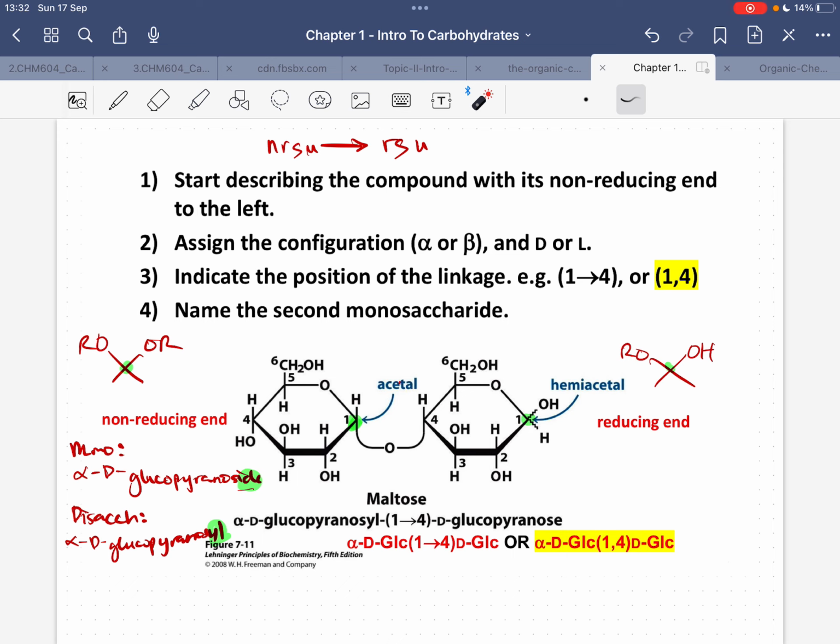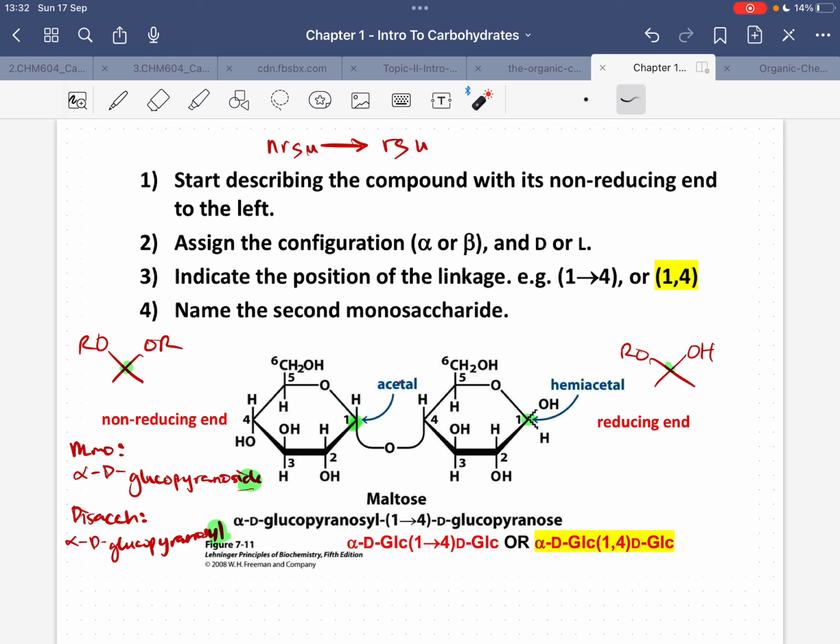That's why it isn't described here as beta or alpha. It's simply D-glucopyranose. But if the OH is on top, this should be beta D-glucopyranose. Okay? Glucopyranose or glucopyranoside, it's the same thing.